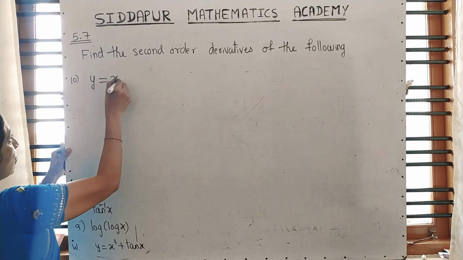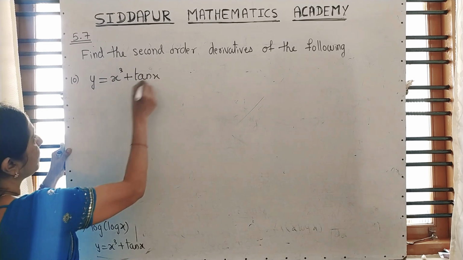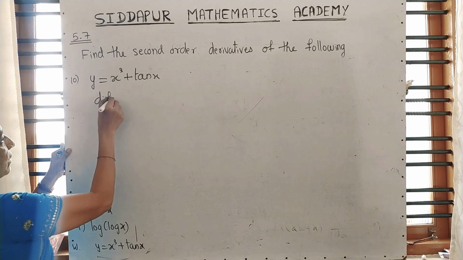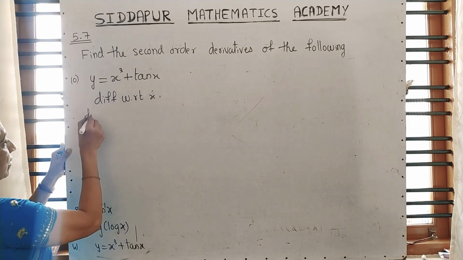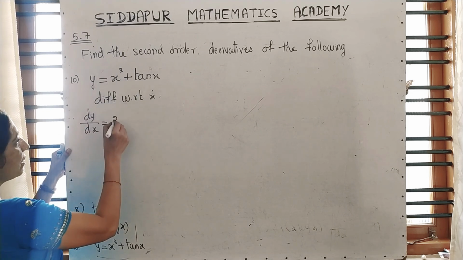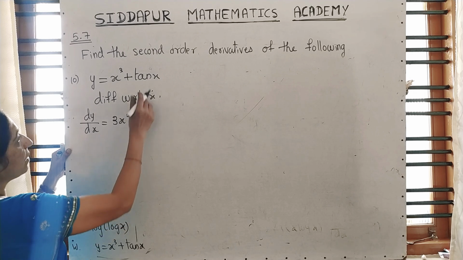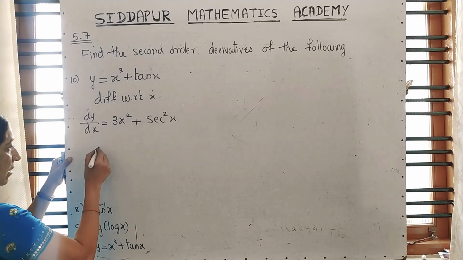y is equal to x cube plus tan x. Differentiating with respect to x, dy upon dx. Differentiation of x cube is 3x square. Differentiation of tan x is secant square x.